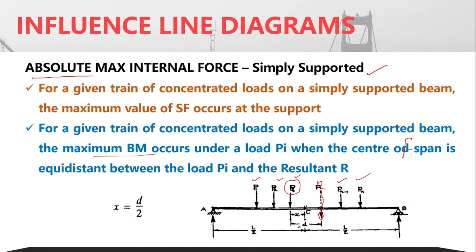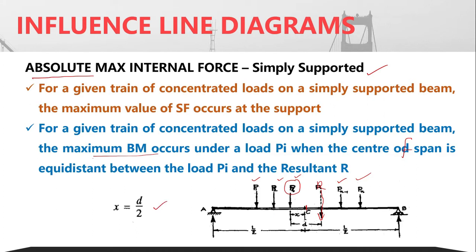If the distance between the load Pi and R is D, then it should be positioned in such a way that x is equal to D by 2.